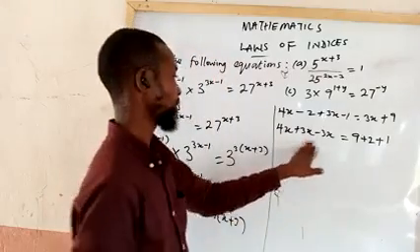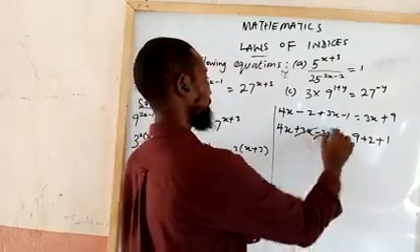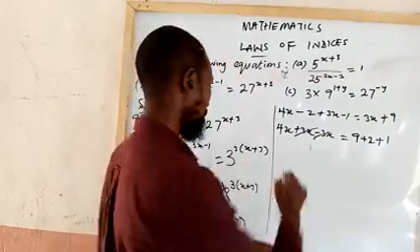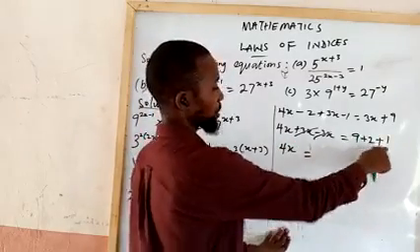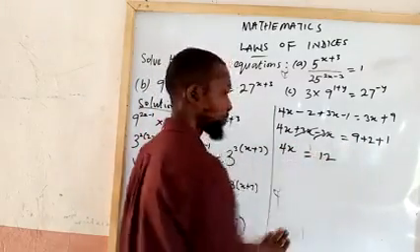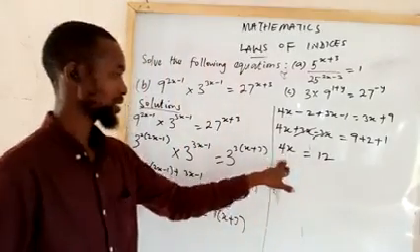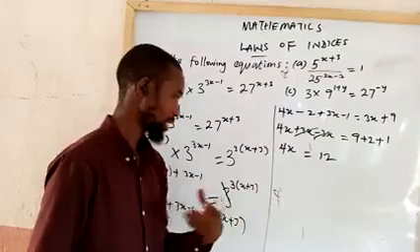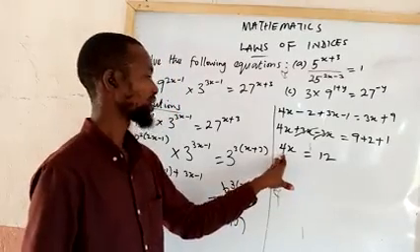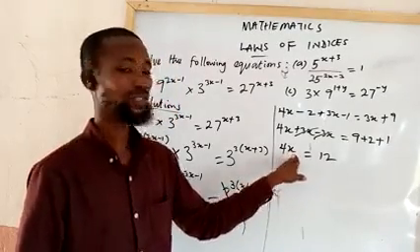So 4x plus 3x minus 3x, we can see that 3x minus 3x is 0. So we are left with 4x is equal to 9 plus 2 is 11, plus 1 gives 12. Then the rest for us to get x now is to remove the 4 here. What is the role of this 4? 4 is acting as coefficient to x.